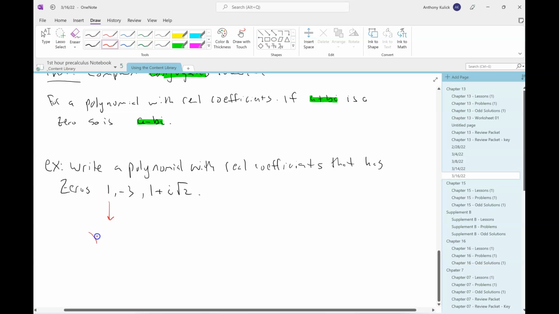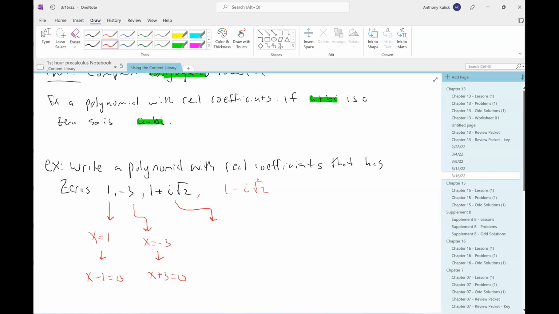So we're just going to take each of these zeros and turn them into factors. But when we get to this one with the complex 0, we know we're also going to need its conjugate.